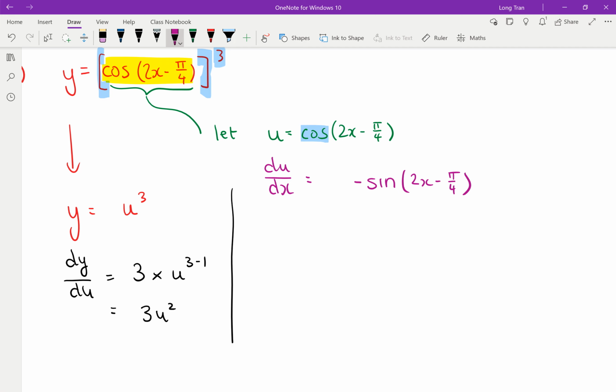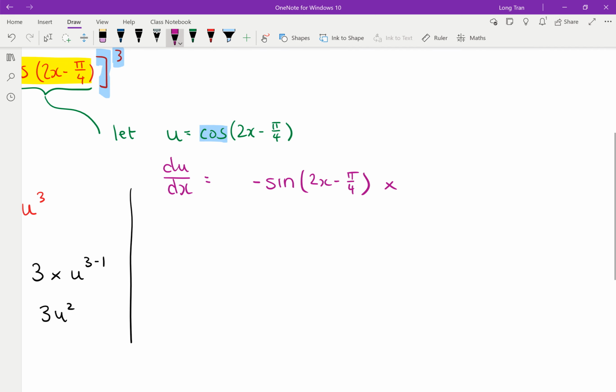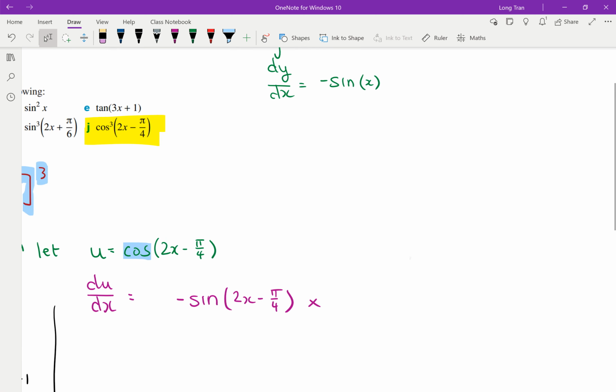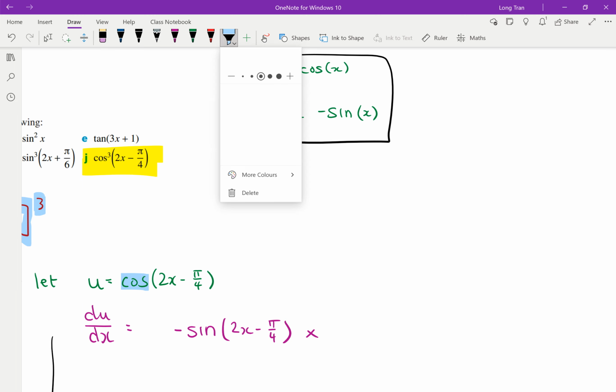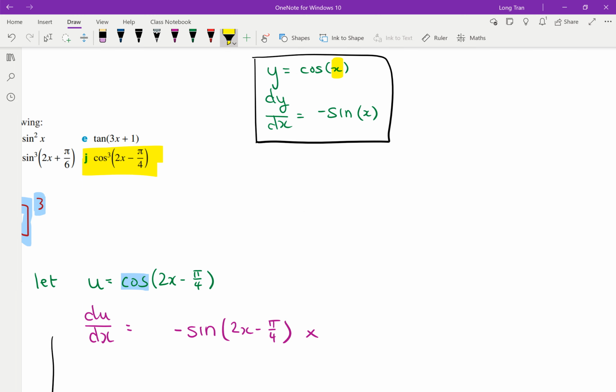One of the things you need to realize is that I'm actually using a chain rule here again, because the rule I was given is up here. I only have the rule for when it is x, not 2x minus pi on 4. So I'm using another chain rule, saying let this entire thing equal, let's make up a variable, let a equal 2x minus pi on 4.